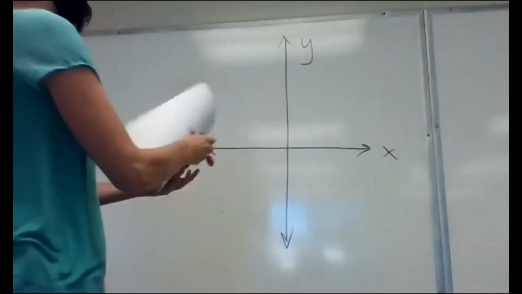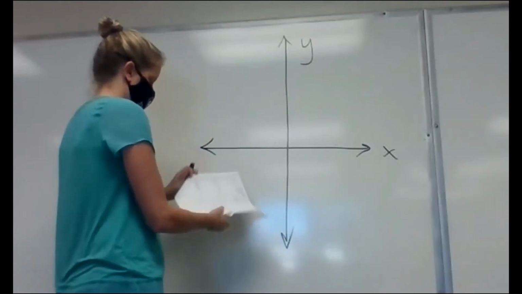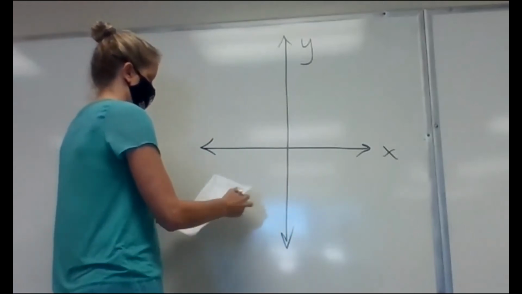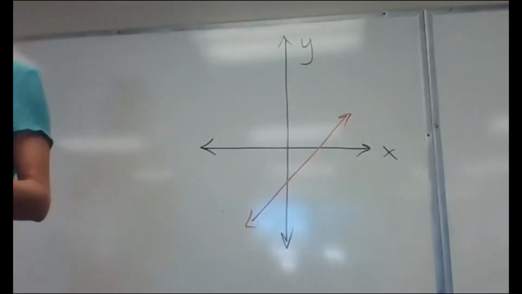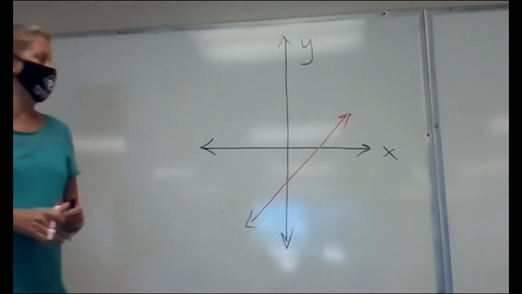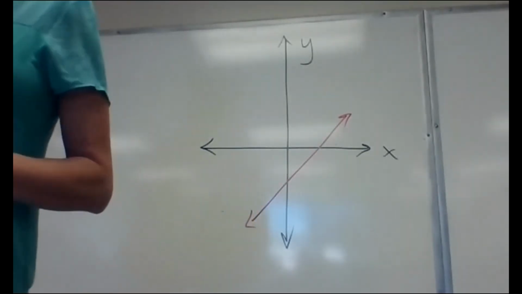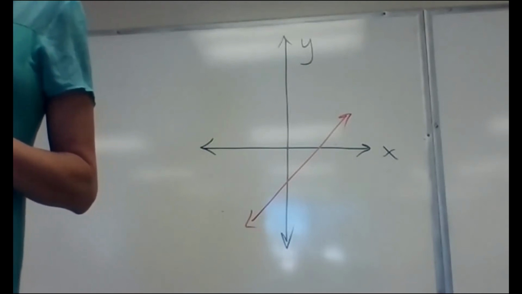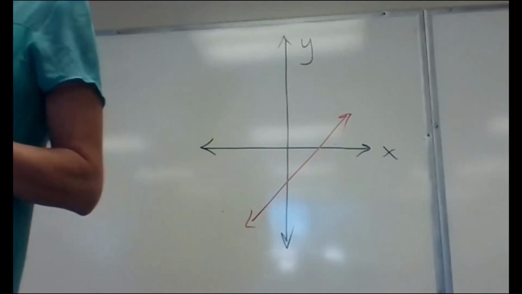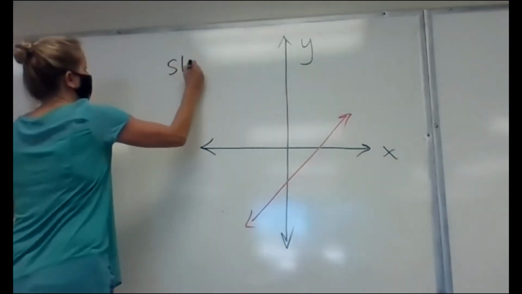And its line looks something like that. It's going to ask you 2 questions about this line. It's going to ask you if the slope is positive, negative, or 0. And if the y-intercept is positive, negative, or 0. So let's see.